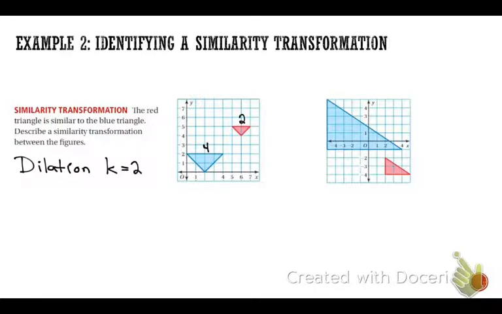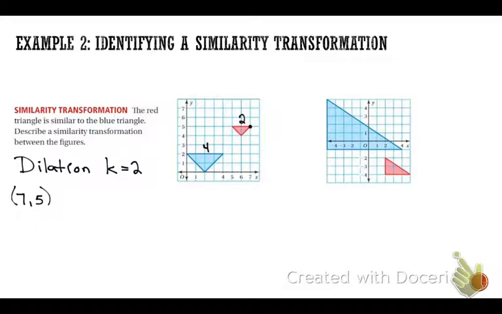So I'm going to pick any point on the red triangle. I'm just going to pick the right point. What is the ordered pair for that point? 7, 5. And I'm going to dilate that because y'all told me the red one's going to dilate by a scale factor of 2, right?